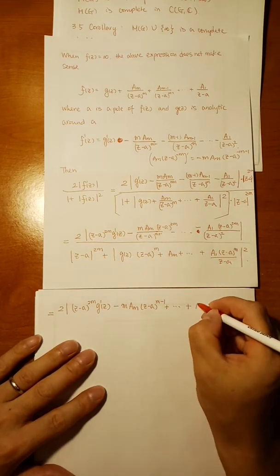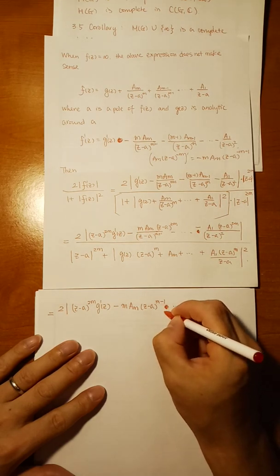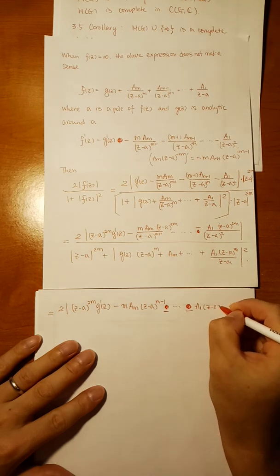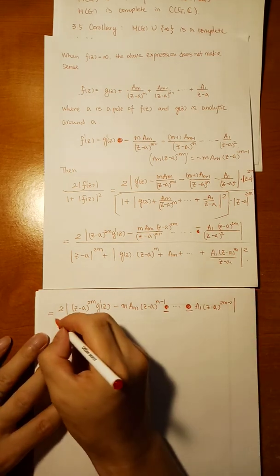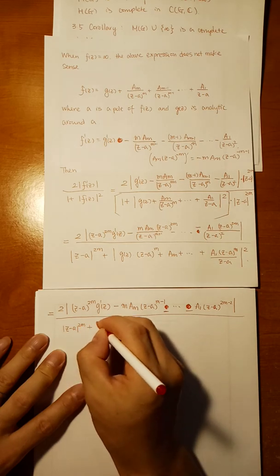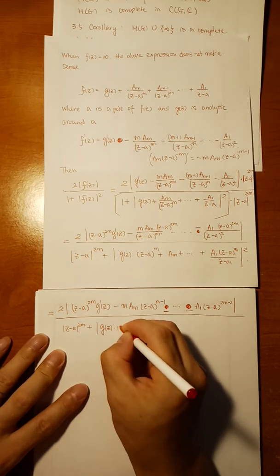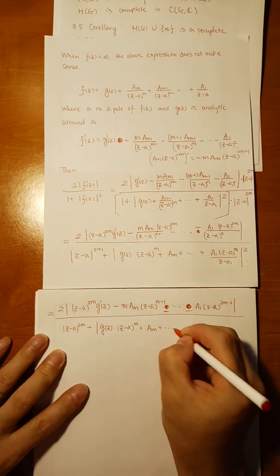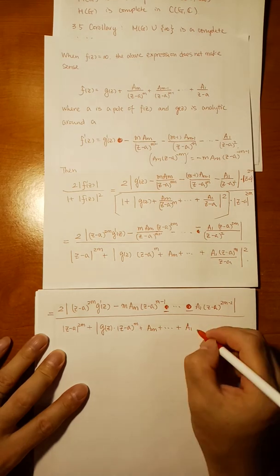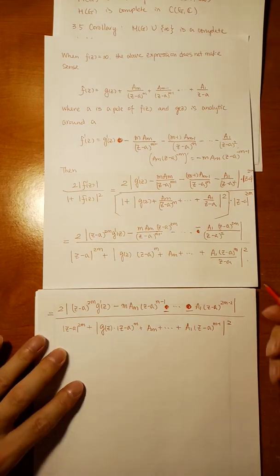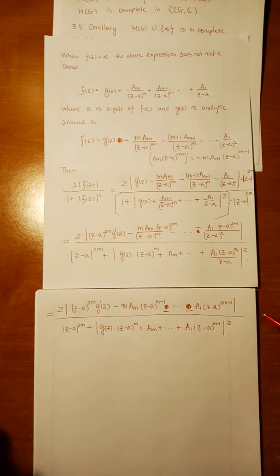And the final thing is it's always minus a_1 and (z−a)^(2m−2), absolute value. And the denominator, nothing changes. You have to copy it, squared. So it's m minus 1.